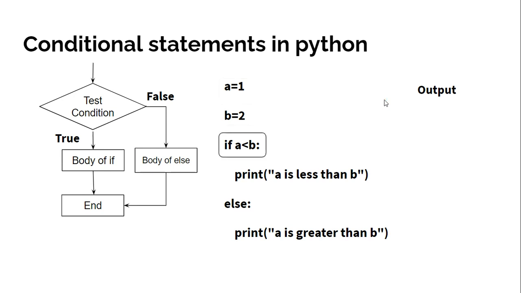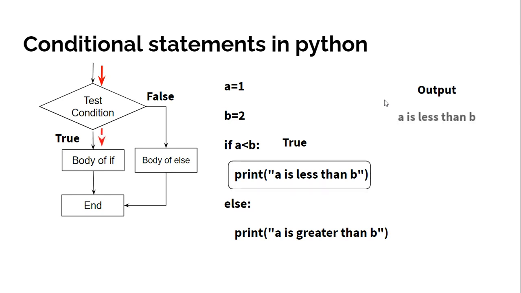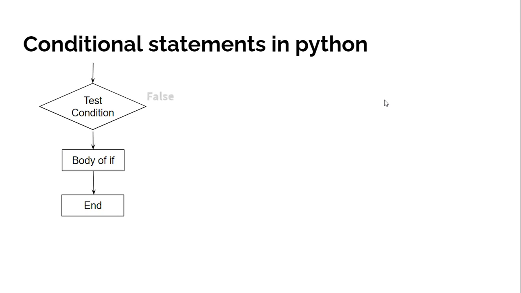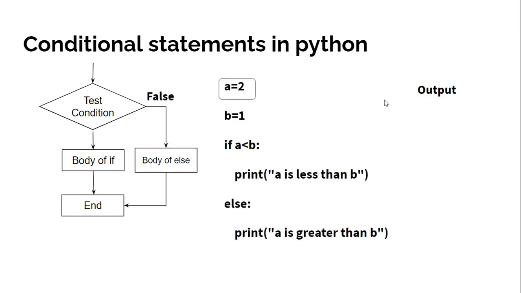Firstly, it will evaluate if A less than B. Then, if this condition is true, it will print A is less than B. Then the flow of the program will end. Second, suppose that this condition is false, then what will happen?